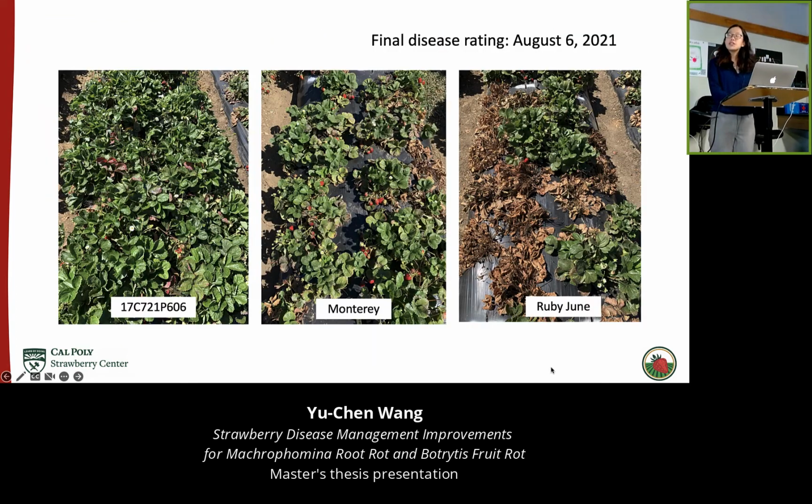Okay, here is the final disease rating at the end of the 2021 season. We see some elite breeding lines showing very vigorous growth by the end of the season. Monterey, which is the most commonly grown variety, is showing some stunting and necrosis, and Ruby June is a very susceptible cultivar.